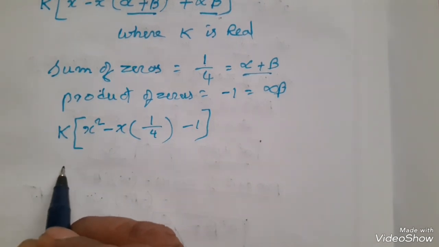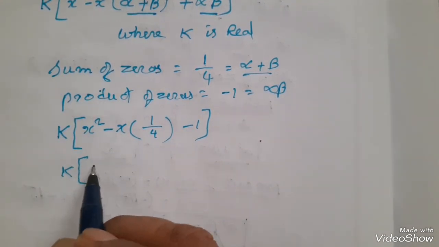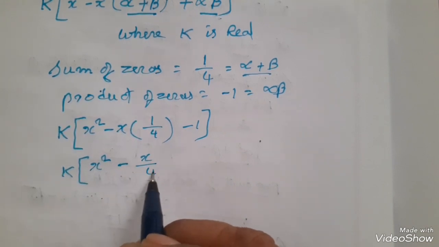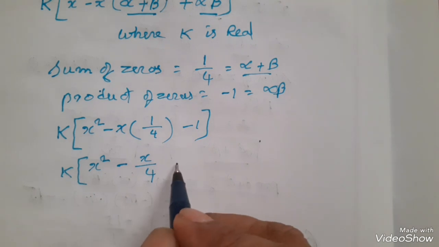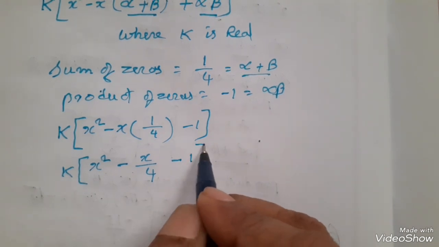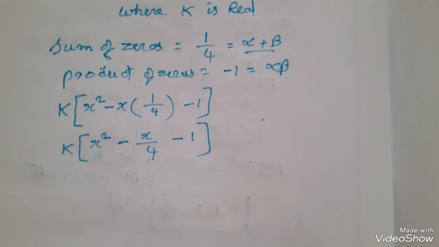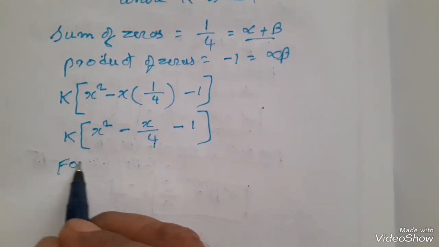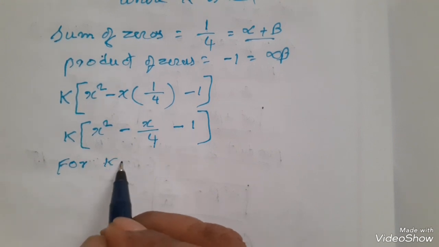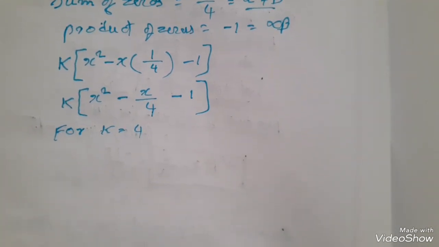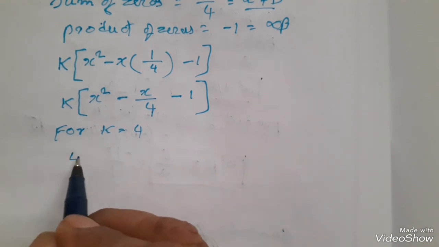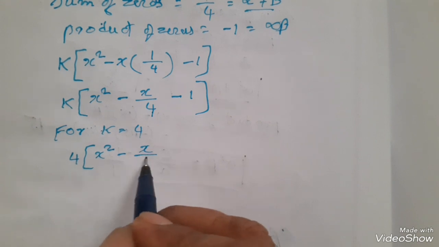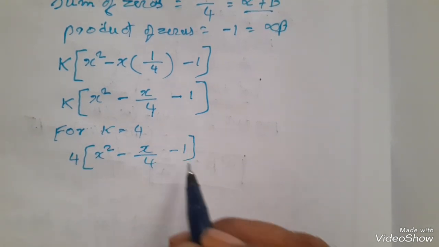Then we get k into x square minus x by 4 minus 1. So here the denominator is 4. So for k equal to 4, the quadratic polynomial is 4 into x square minus x by 4 minus 1.